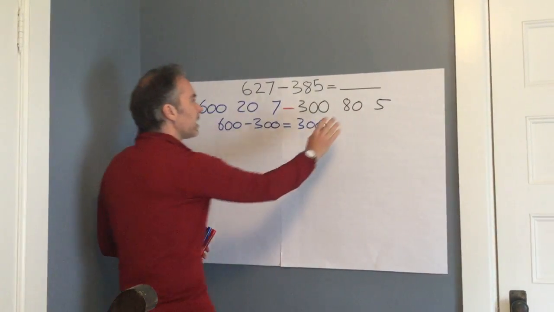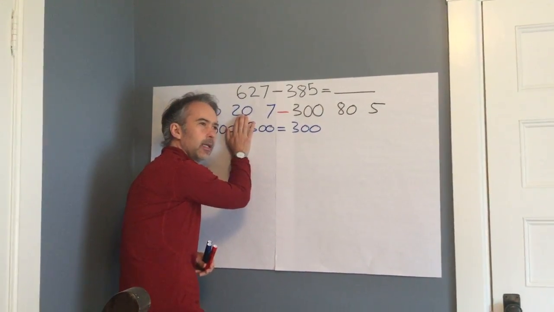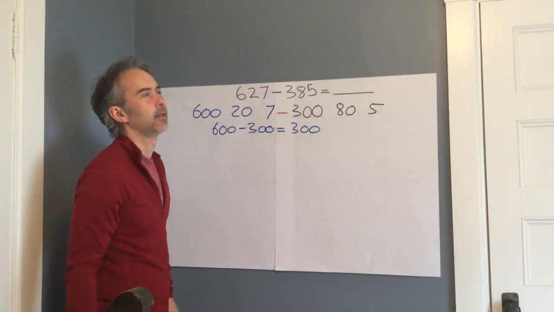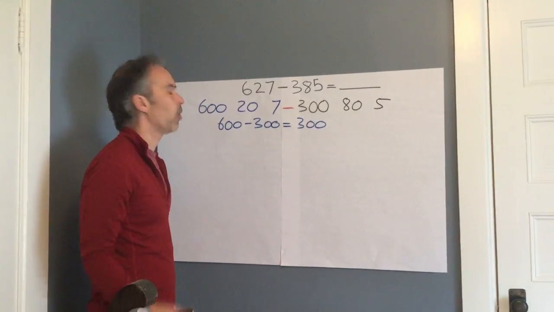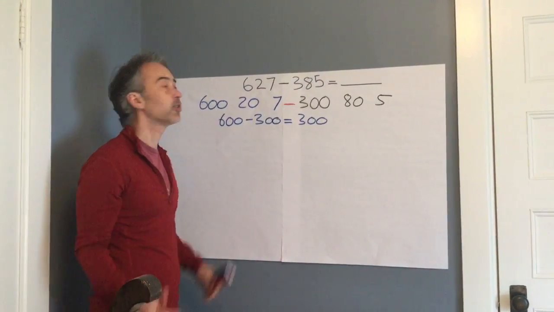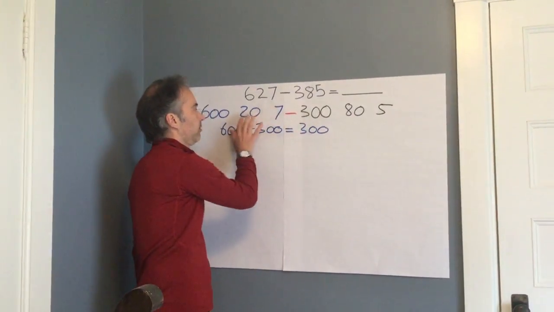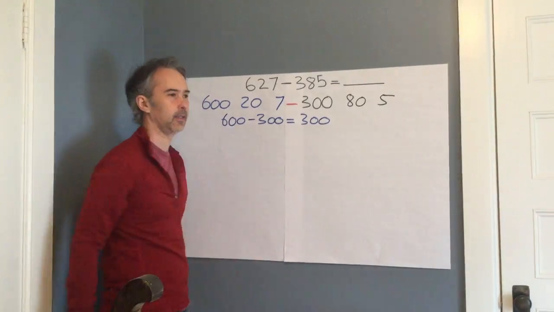Can I take 8 tens from 2 tens? Can I take 80 from 20? No, I can't. What can I do now so that I can take 80 from this place value, from this 20? What do I need to do?